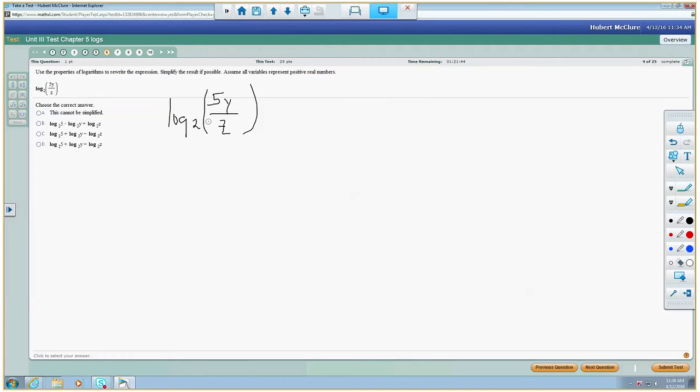And they want you to rewrite the expression using separate logs. So that means break it up. So which one is it? C. Which rule is it?